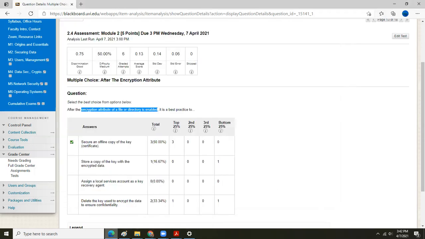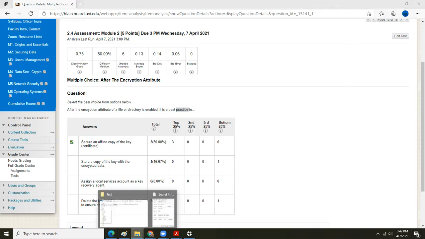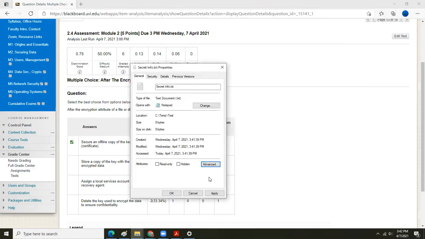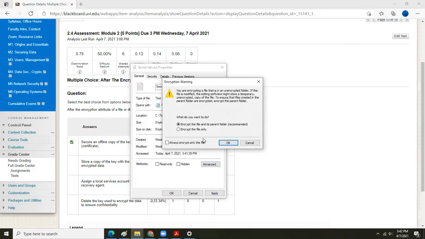In the question, it reads, after the encryption attribute of a file or directory is enabled, it is a best practice to. So what I wanted you to do was to think, okay, after I do this, what's the recommended step to do after that? So if I go apply, it's going to say, hey, you should encrypt the folder that it's in.